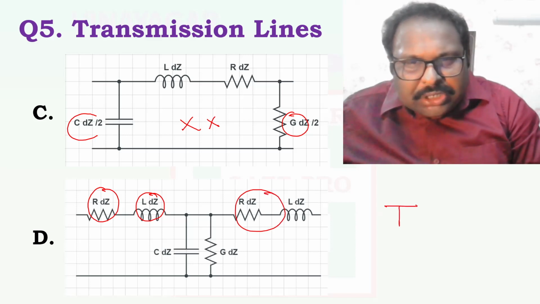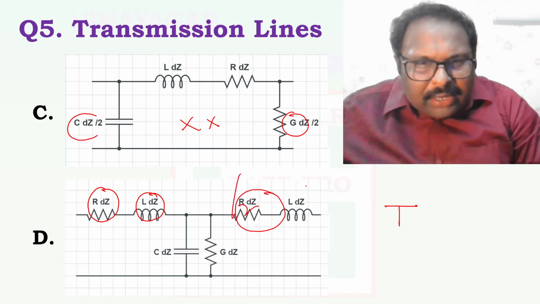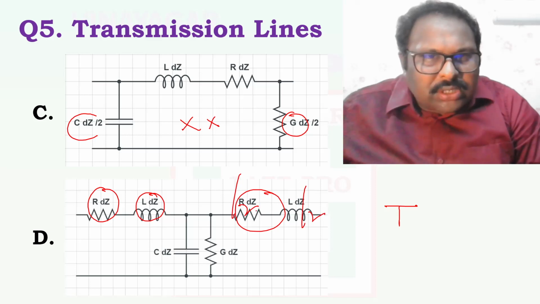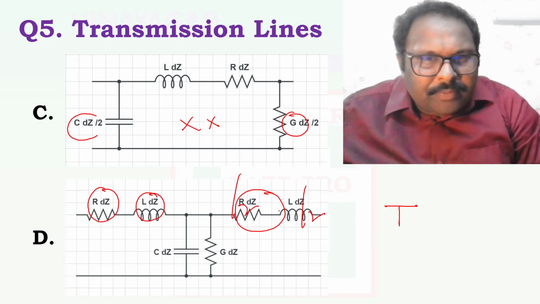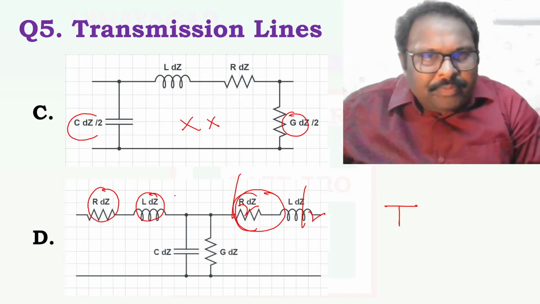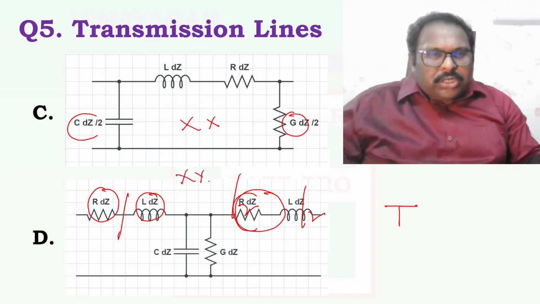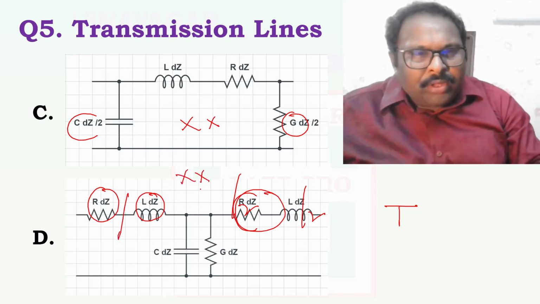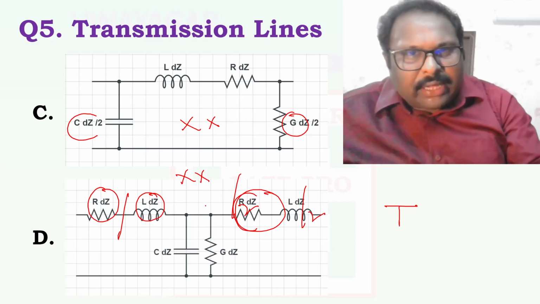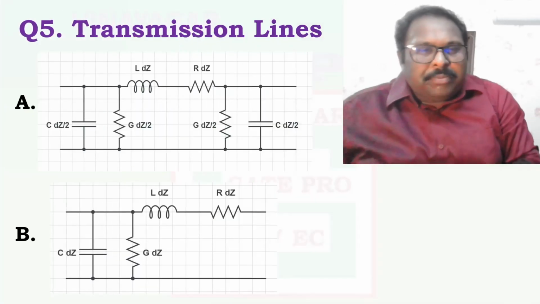So when you take a T section, this should be half and this should be half, because a T section is a combination of 2 L sections. So it is wrong to take R dz and L dz again, because when you join the next one, it will become double. So they're repeating it 2 times. This is wrong. So option C is wrong because half is there. Option D is wrong because full is there. Whereas option A and B are right.